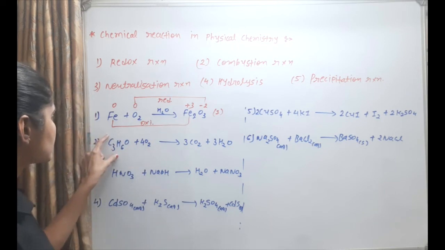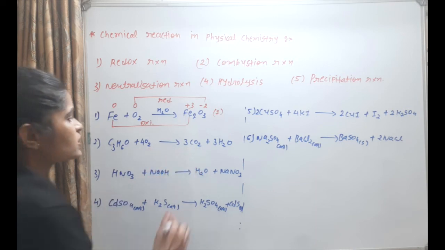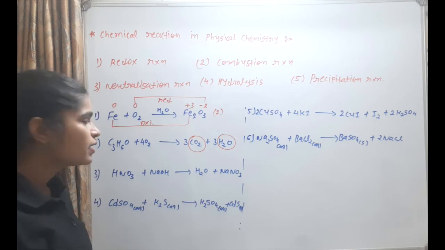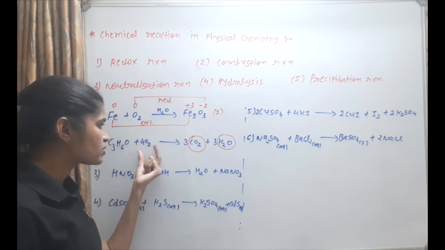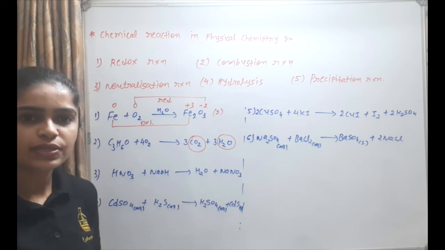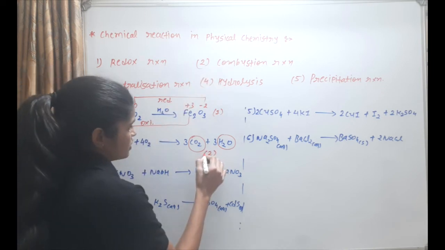Next is C3H6O plus oxygen converted into CO2 and H2O. When a compound reacts with oxygen and converts into CO2 plus H2O, this is the combustion reaction.